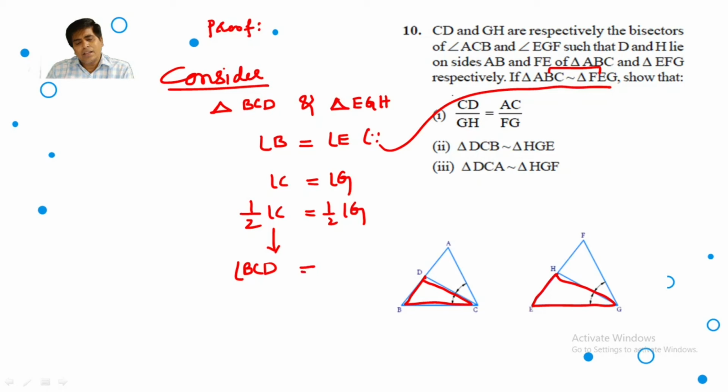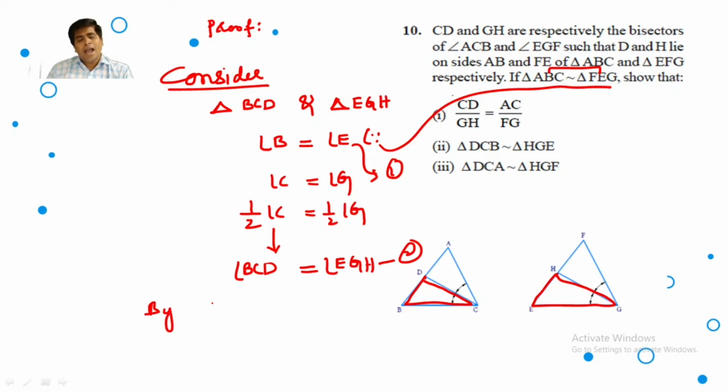Angle BCD is equal to angle EGH. So these two angles are equal, since those triangles are similar and angle C and angle Z are equal, their halves are also equal. I have written it as angle BCD is equal to angle EGH. So this is my second equation.